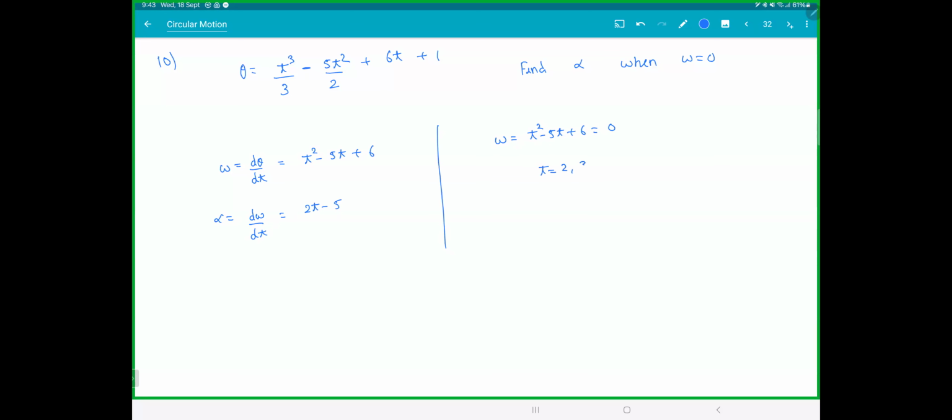So indirectly the question becomes: find alpha when t is equal to 2, that is 2 minus 1. Find alpha when t is equal to 3, that is 3 plus 1. That's it. Easy. Next one.